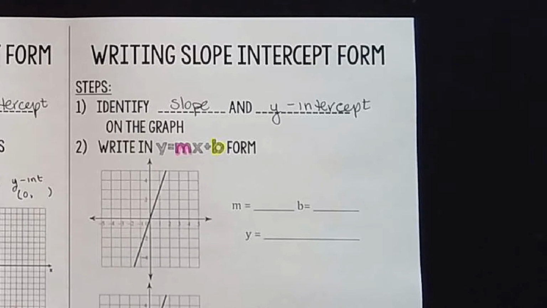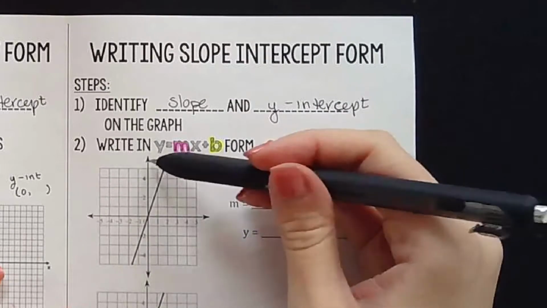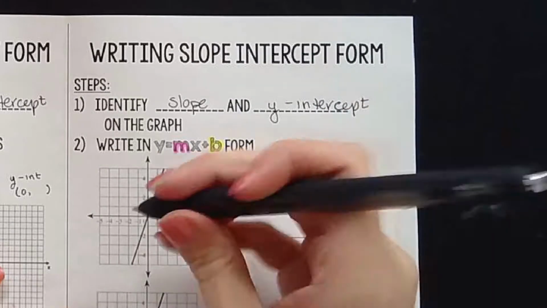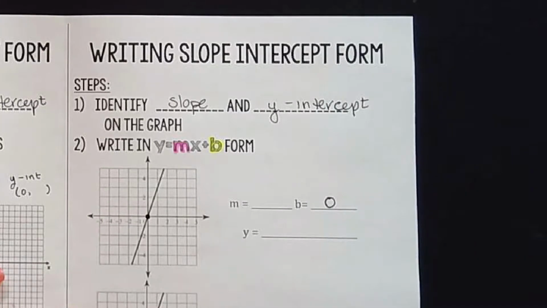So for our first example, I find my y-intercept on the y-axis. My function crosses the y-axis at 0. So b is 0. Now to find the slope, I need to identify another point on this line, and a nice, easy to read point.